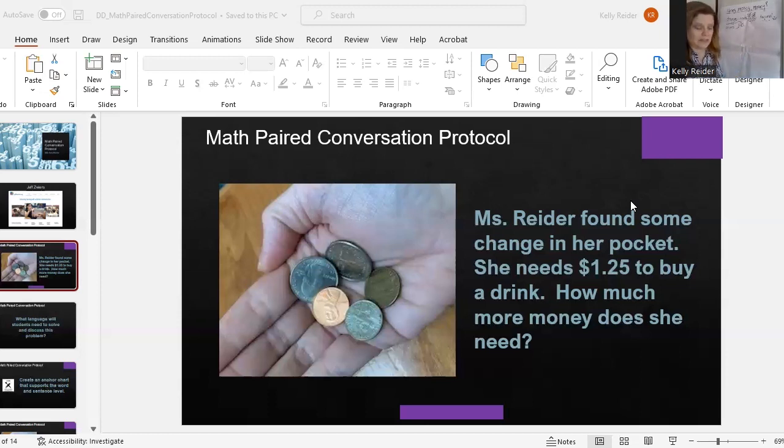So that leads me to a question that I have. How do you read this? What does this say? I'm going to put it down a little bit. Right? Is it 125? How do you read this with the dollar sign?